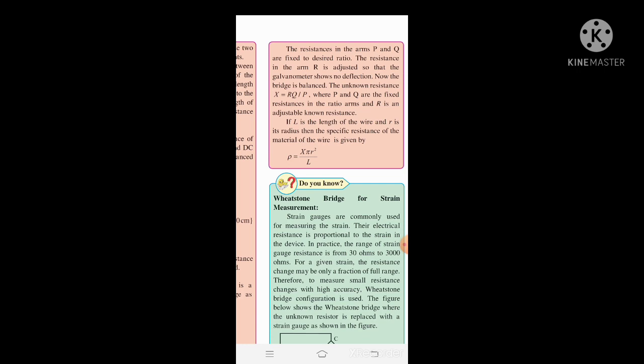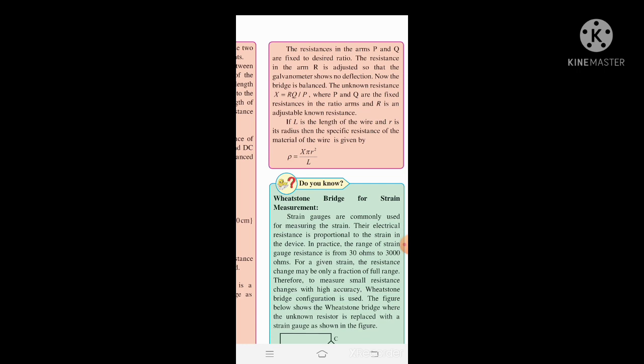The resistance in the arm R is adjusted so that the galvanometer shows no deflection. Now the bridge is balanced. The unknown resistance X is equal to RQ upon P, where P and Q are the fixed resistances in the ratio arms and R is an adjustable known resistance.